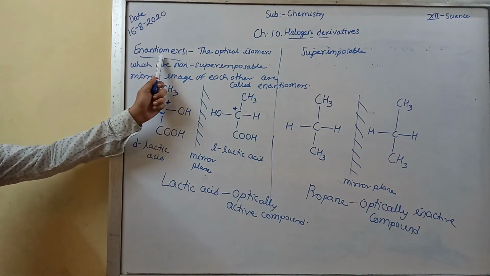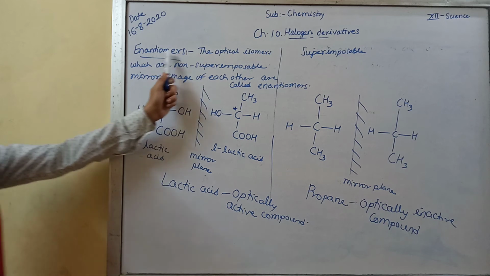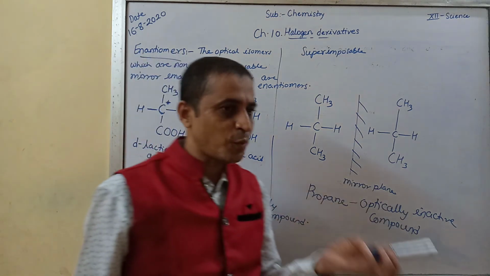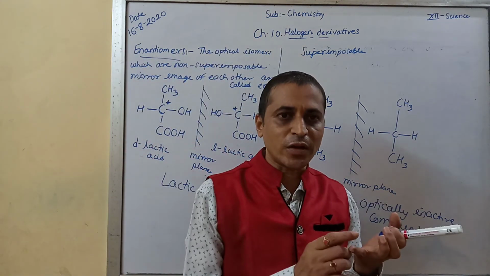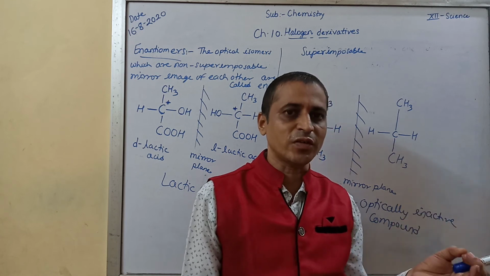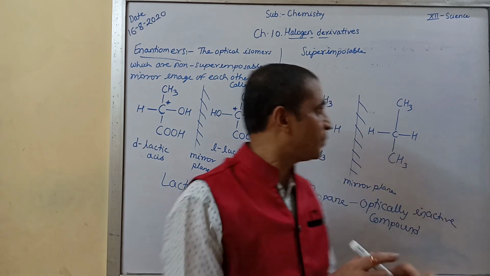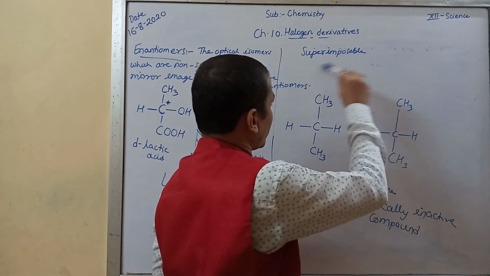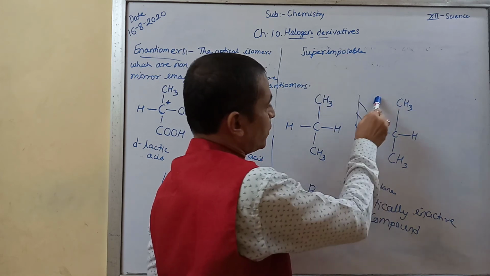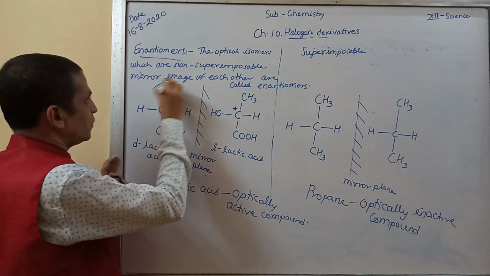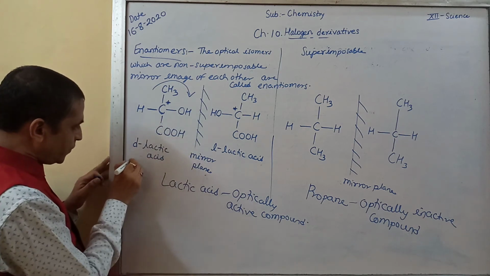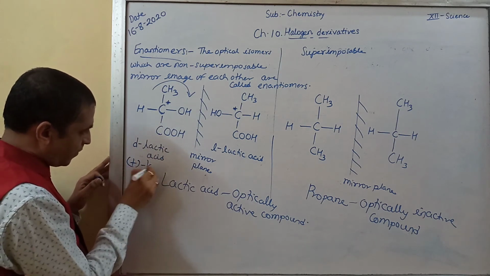But enantiomers have similar physical properties. They have what? Similar physical properties except sign of optical rotation, because optical rotation may be positive or negative. If optical rotation is clockwise, then you get positive angle, and so this can also be shown as plus lactic acid.